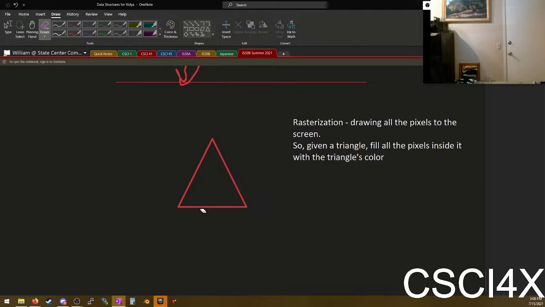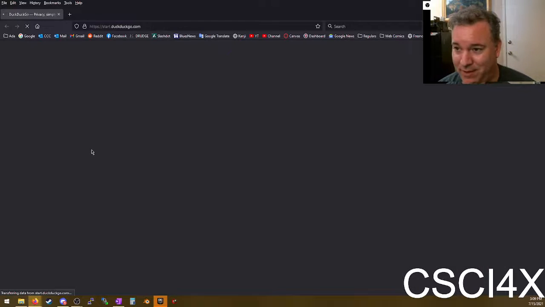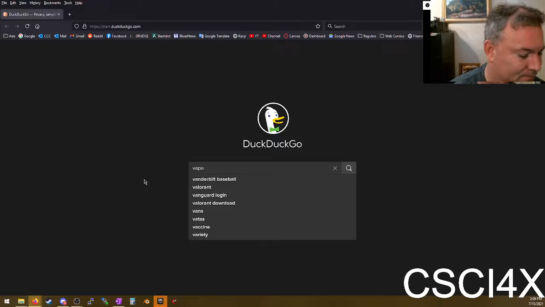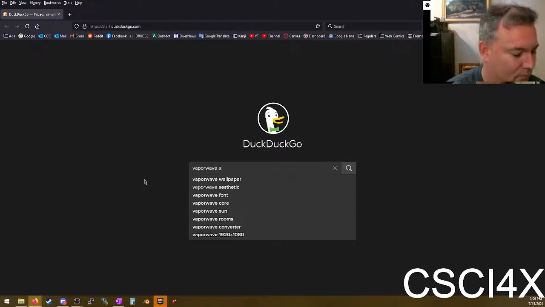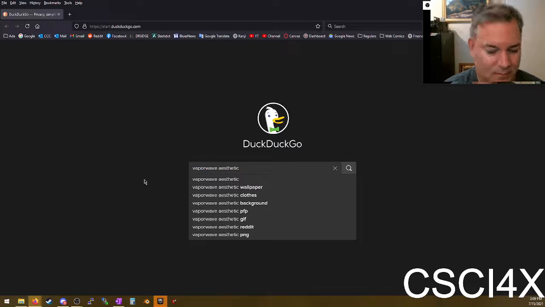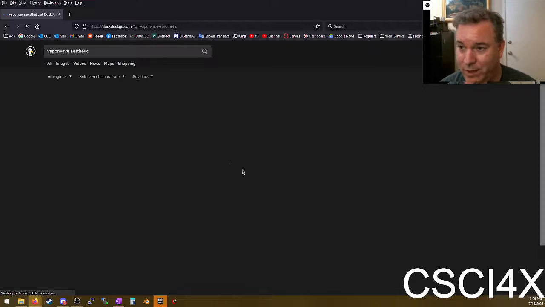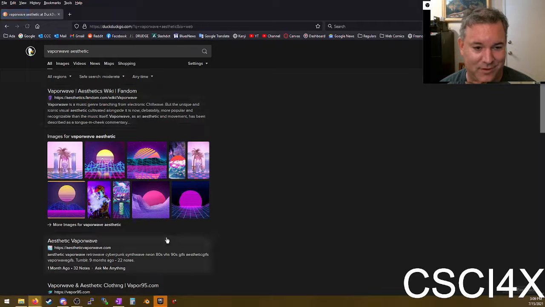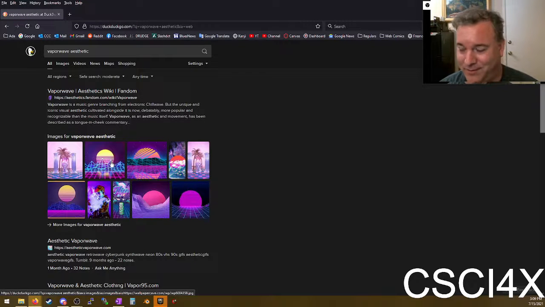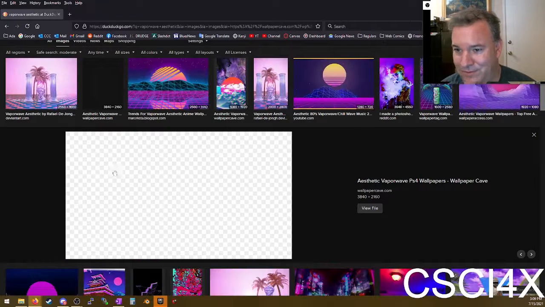So rasterization is how we went from the wireframe world into the 3D world. There were actually 3D video games back in the 80s, and they looked kind of cool. Like if you've ever seen the Vaporwave aesthetic, it uses wireframe, and that's because rasterization is expensive, or by comparison, expensive.